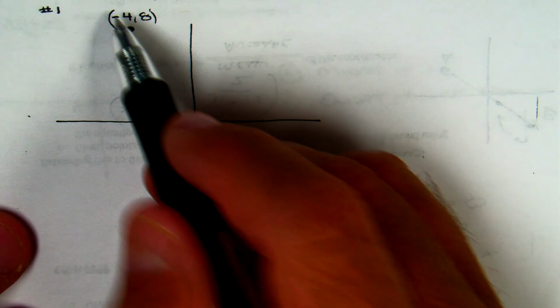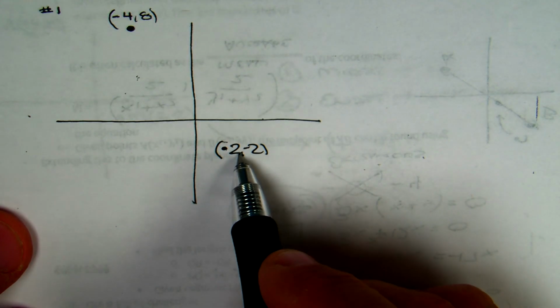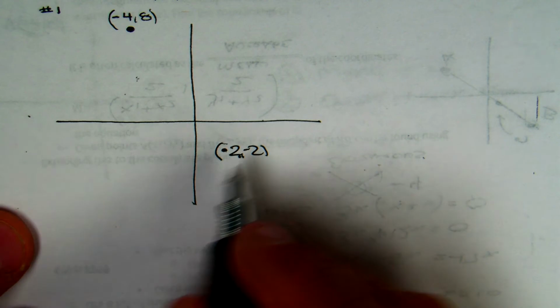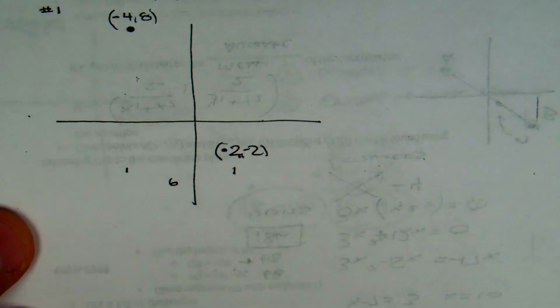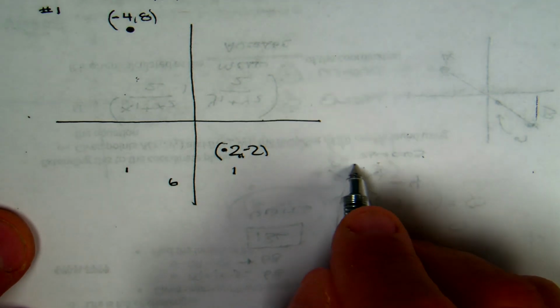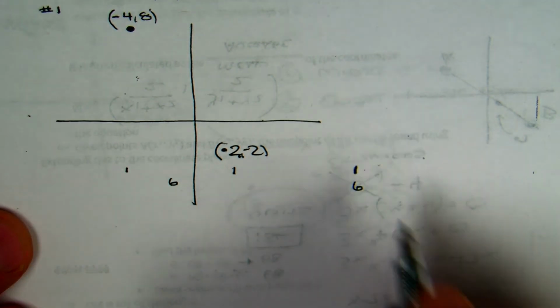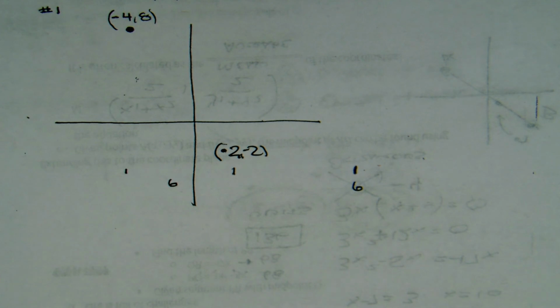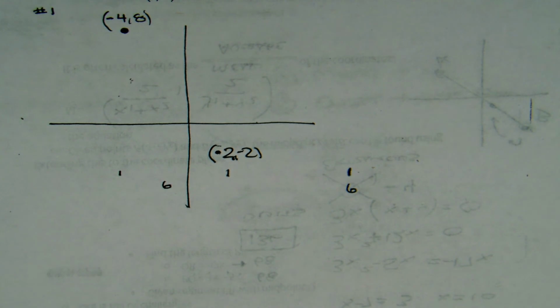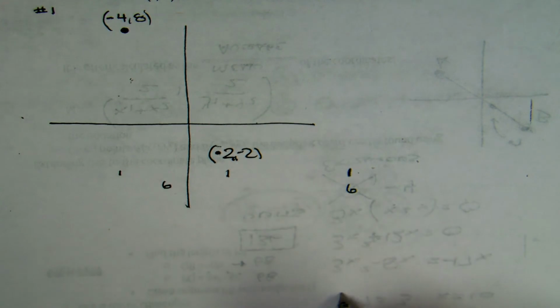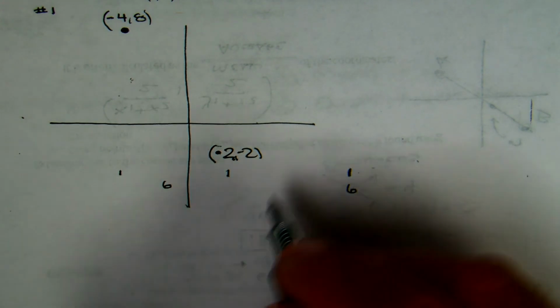When I go from -4 to 2, that means I went over 6. So to get my other endpoint, I go over another 6. You're just repeating the process. And the same thing with the y's. I'm going from 8 down to -2, which means I go down 10, which means to get my other endpoint, I go down another 10.